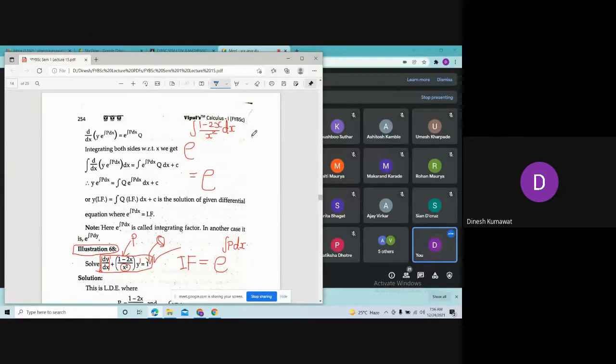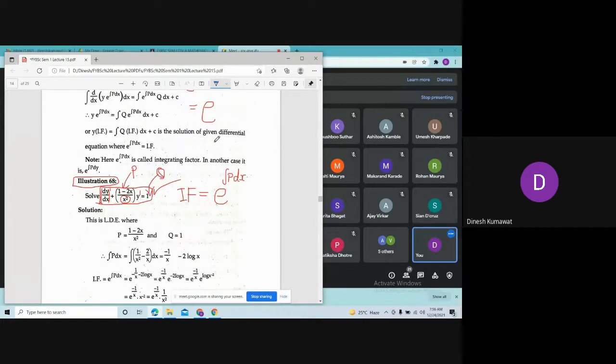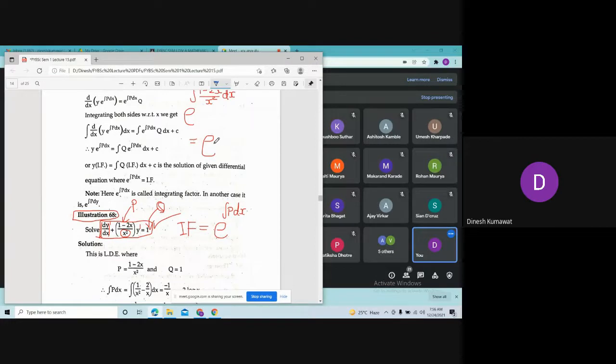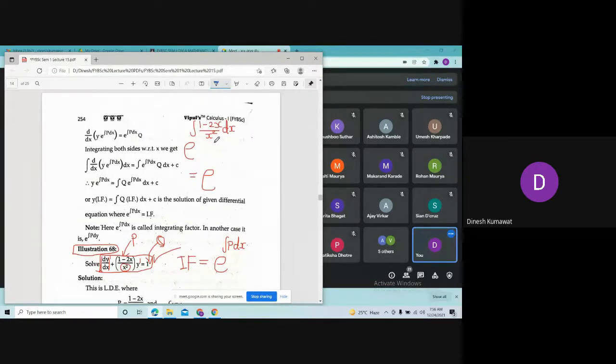See, this is straightforward. So 1 upon x minus log of x square. Is it 1 upon x or minus 1 upon x? See, so minus 1 upon x.